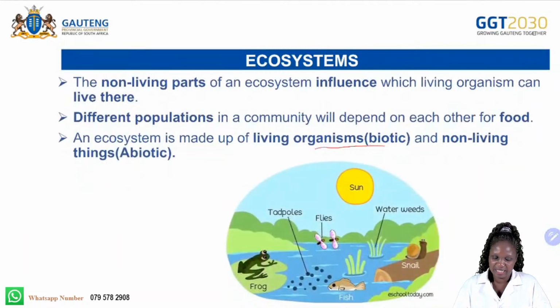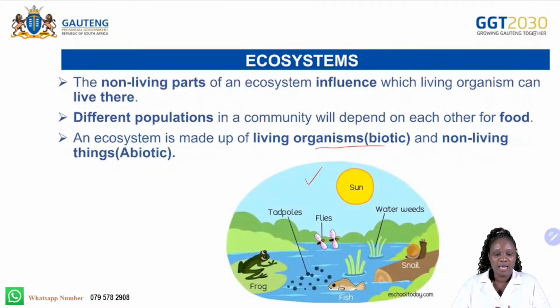Grade 8. Let's look at this wonderful picture. We've got the frogs, tadpoles, we've got water, we've got trees, we've got water weeds, we've got the sunlight, we've got the snails, we've got quite a number of species that are surviving in this ecosystem, even the fish.